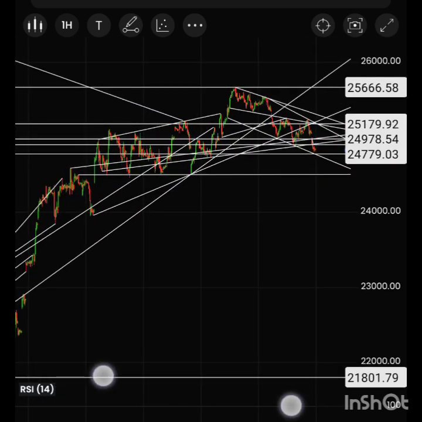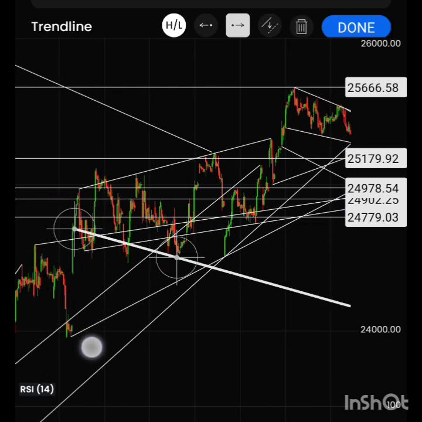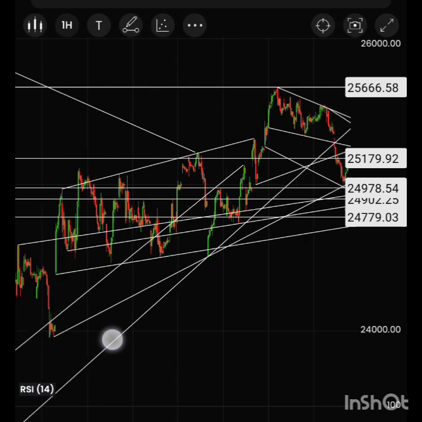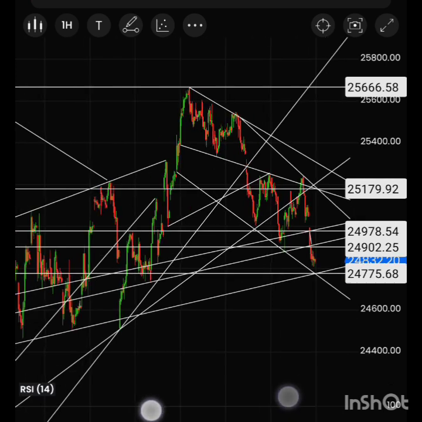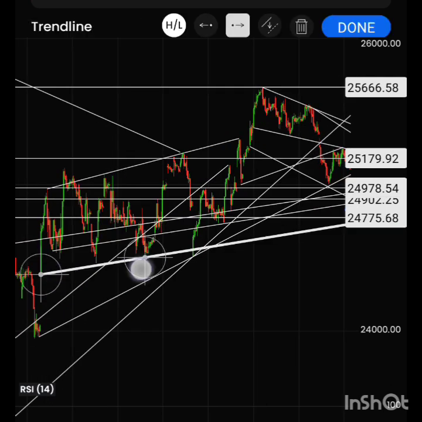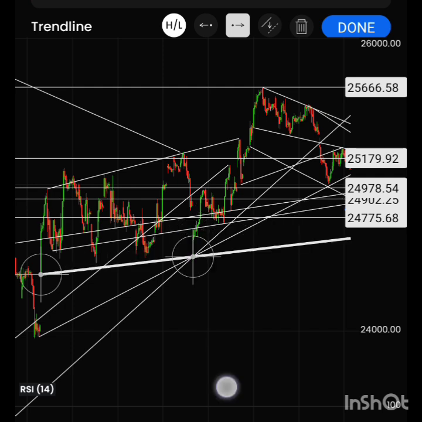So in 1 hour you can check the next target. That will be the next support in 1 hour. That one is coming almost the same here. So this support is coming here. Below this one we will have a little more downside movement.